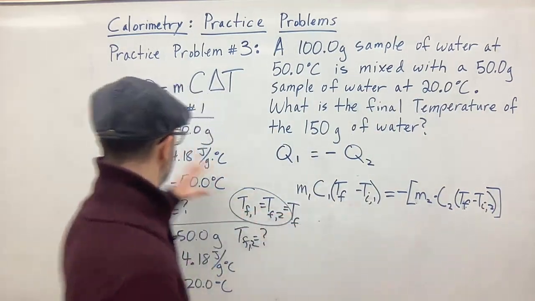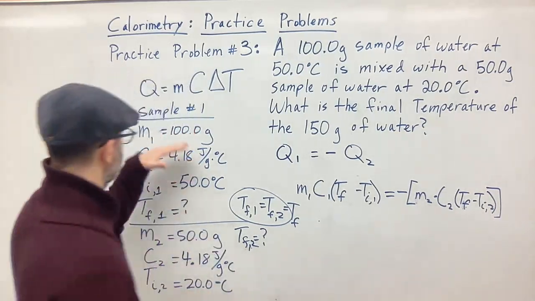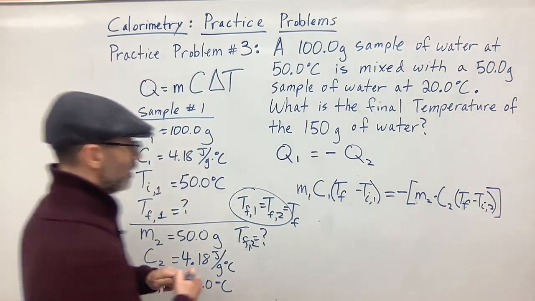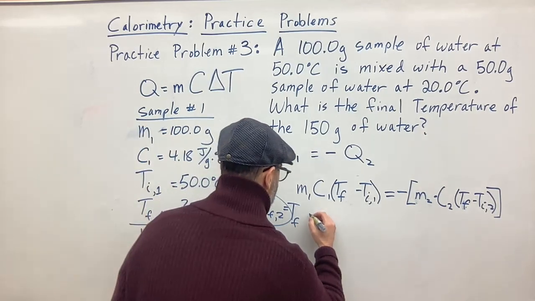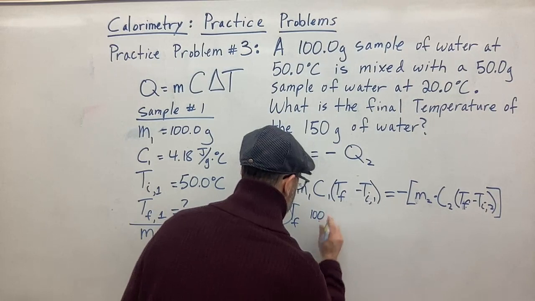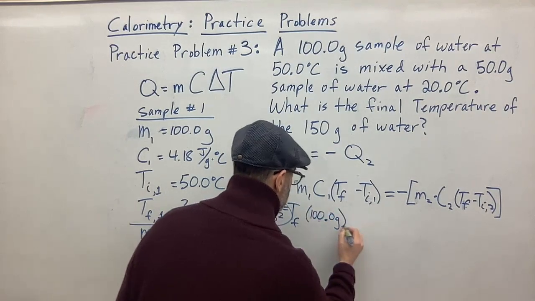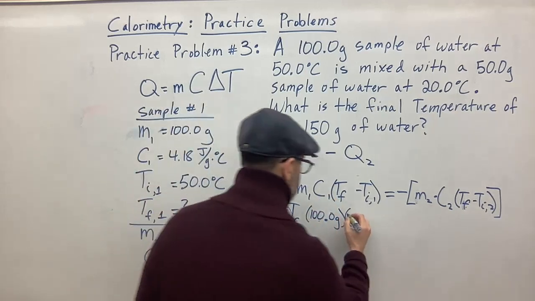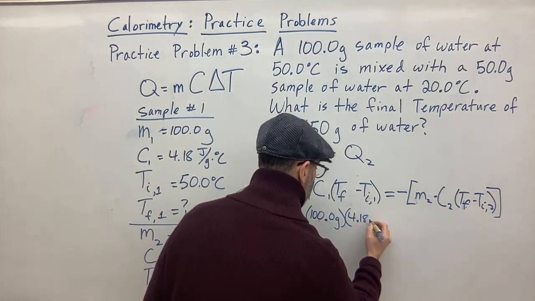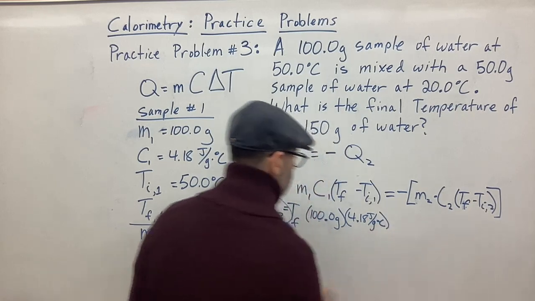So then all you do is just plug everything in. So we have the mass of one, which is 100.0 grams, times the specific heat, which is 4.18 joules per gram degrees Celsius.